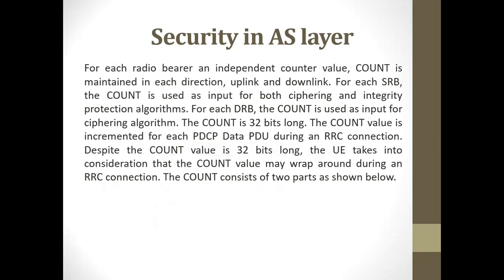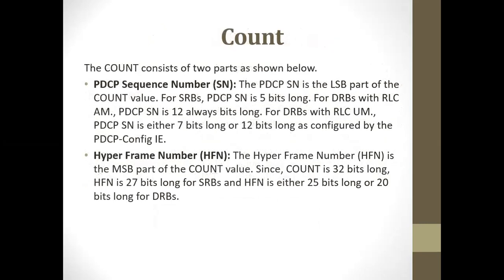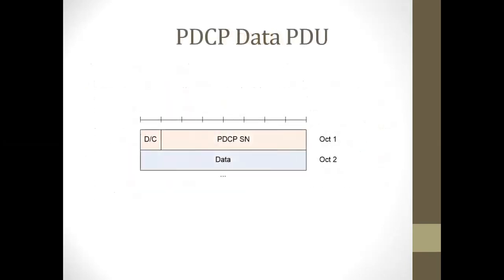Now see how we apply the algorithm. The ciphering uses a ciphering stream. It generates a stream, and that stream is used for jumbling your data.